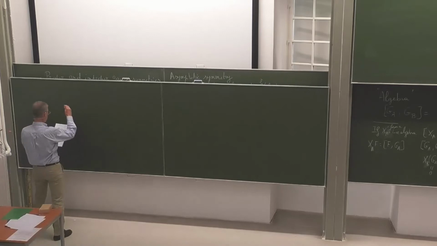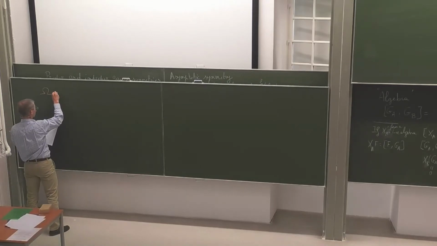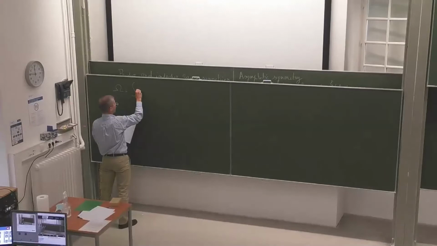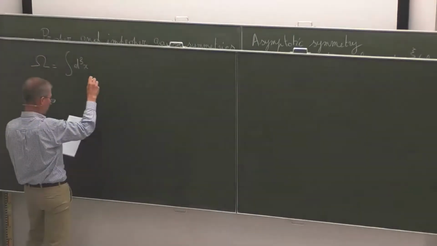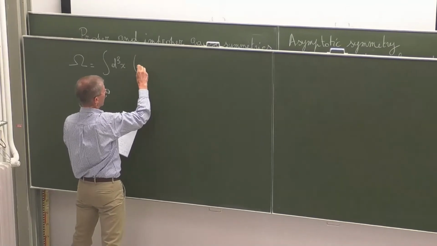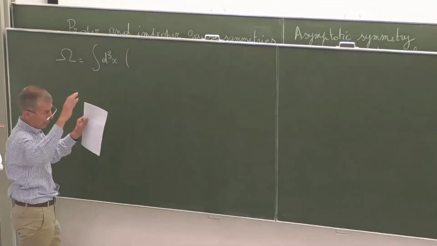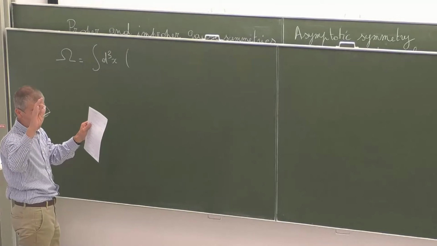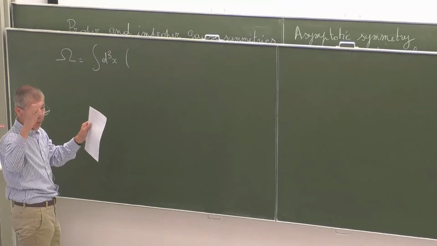So I wrote the symplectic form yesterday for electromagnetism, and I will be in 3 dimensions when I talk about electromagnetism. And we saw that I will keep pi 0 and A0, the momentum conjugate to A0, which was equal to 0.